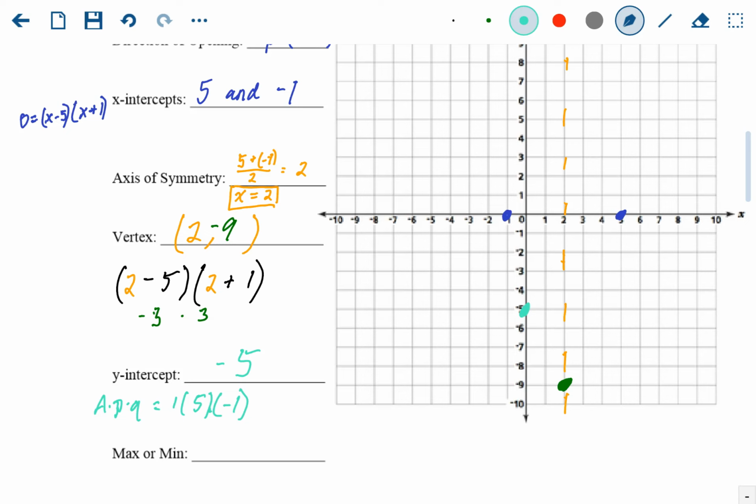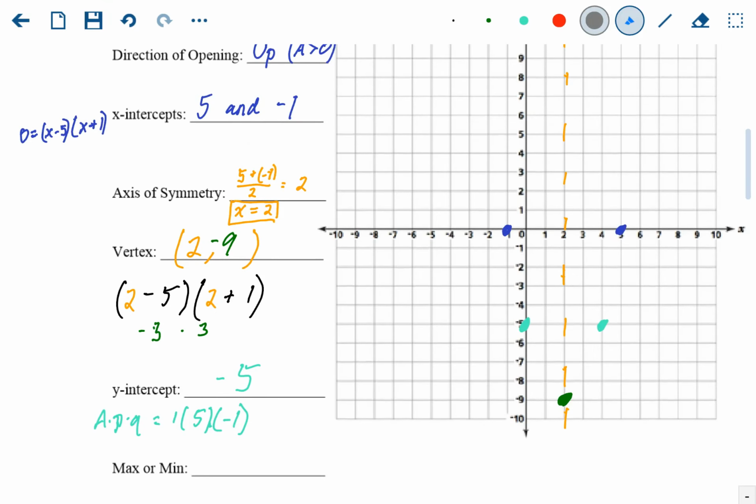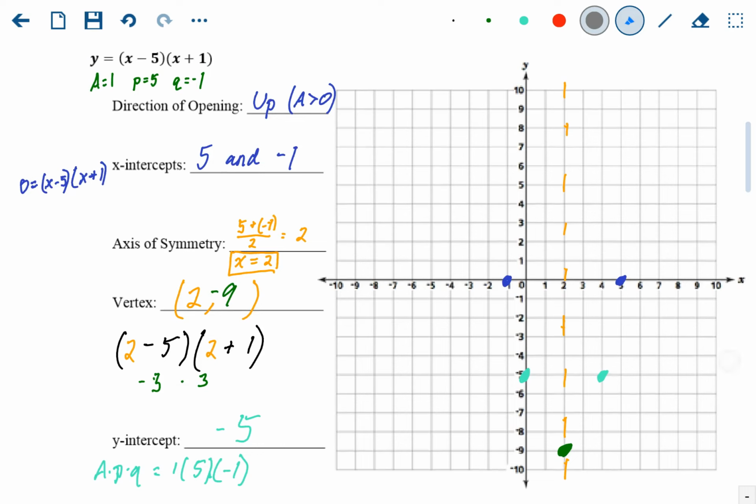Since we know that point is to the left of the axis of symmetry, we can automatically flip it over to the right side of the axis of symmetry. And we have 5 points already, so we're done. We could graph this. You can get another point if you want, but that should be enough.